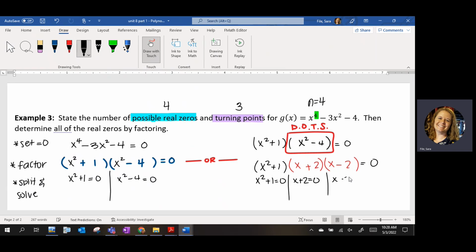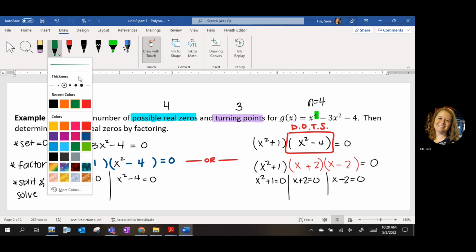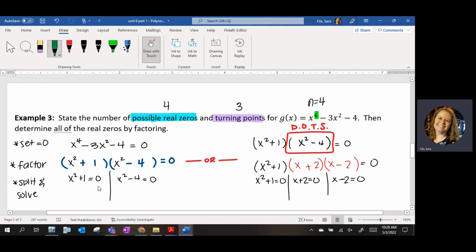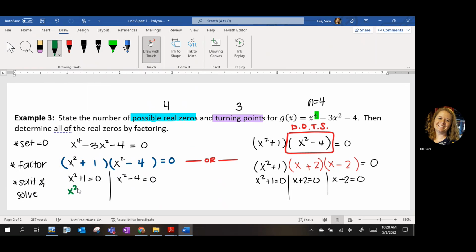And I'm going to point out why it would matter. If I go to solve the x squared plus 1, I would have to subtract the 1 over, right? So that's a -1. And then when I go to take the square root of that, am I able to take the square root of a negative?